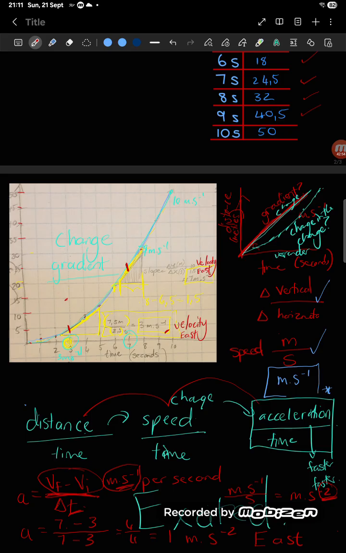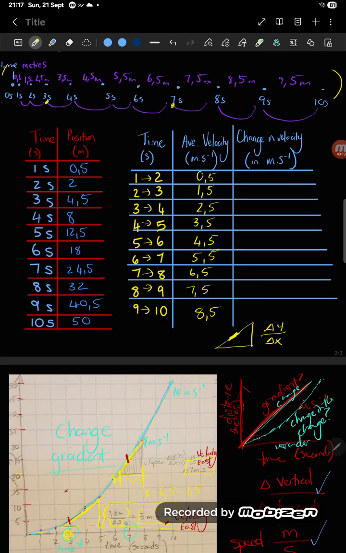Now, for the sake of time, I'm going to quickly make a table. And we're going to look at the average velocity and the change in that velocity. Okay, so if I've got a table with my time in seconds, from 1 to 2 seconds.